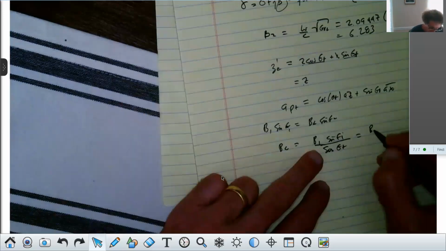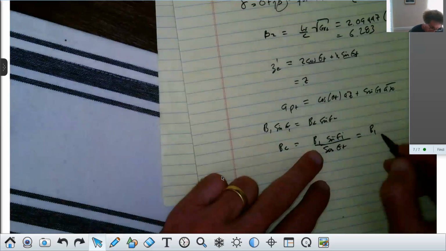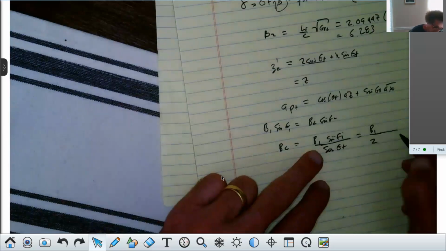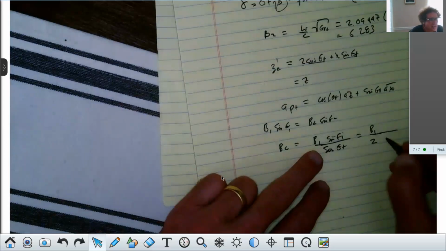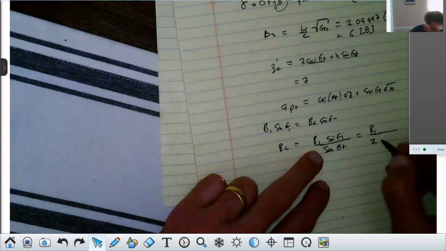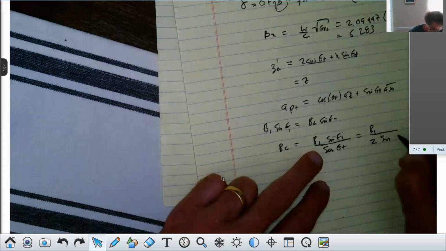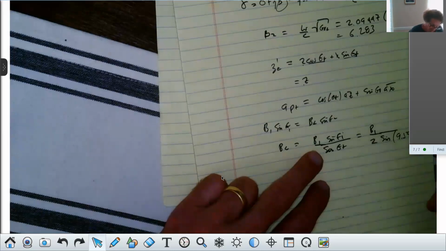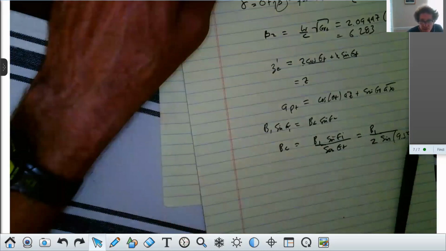Beta 1, the sine of 60 is 1/2, right? Then I divide this by the sine of the transmitted angle. What was the transmitted angle again? 9.594 degrees? Let me see what it comes down to.